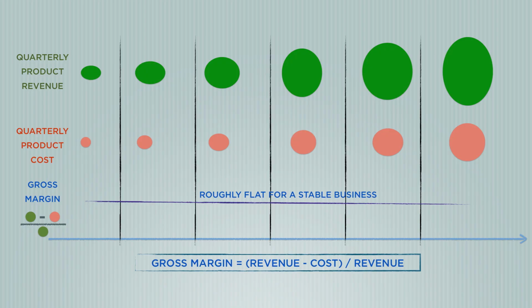Within the product purview, gross margin is another measure that is very important to maintain, understand and model. Quarterly revenue is there, like we said before in this chart, and then quarterly product cost. Gross margin is a percentage number. It is nothing but revenue minus cost, and that resulting number is divided by the revenue number.